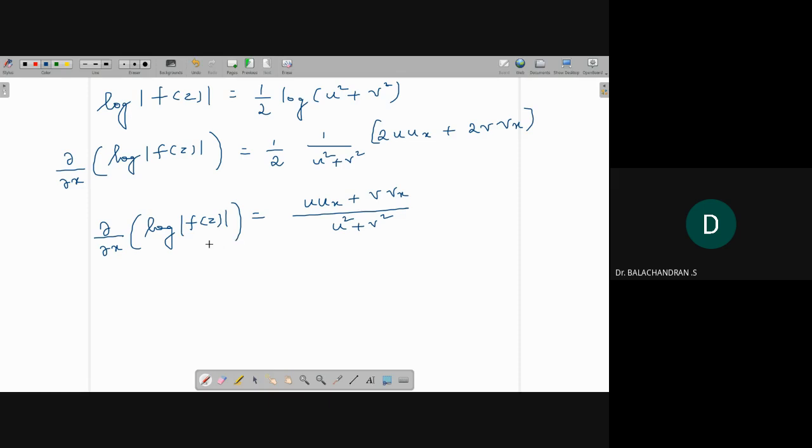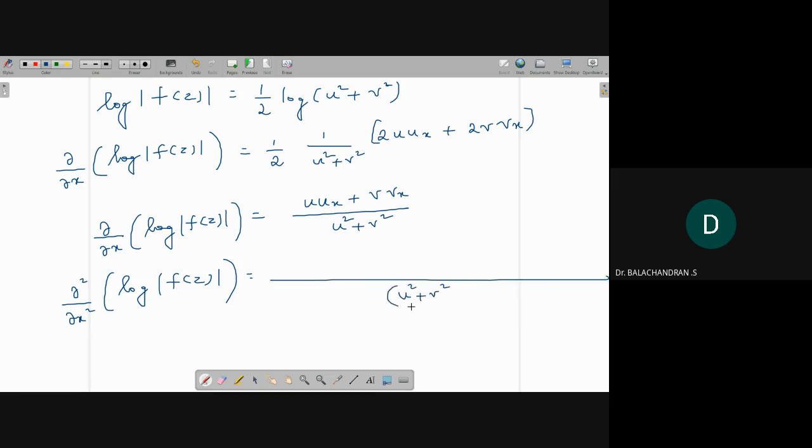So now again I am going to find dou square by dou x square of log mod f of z, just a partial derivative. So u by v method again. U square plus v square whole square should keep in the denominator.